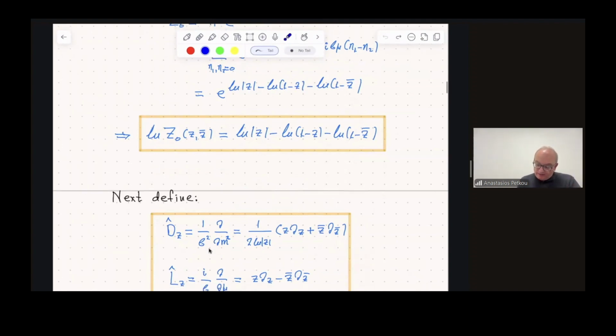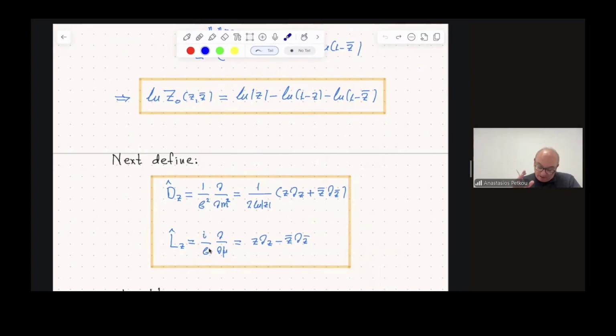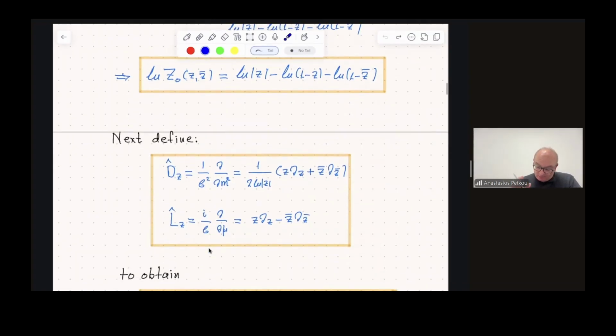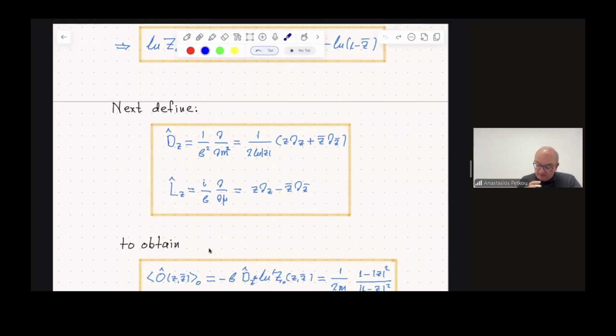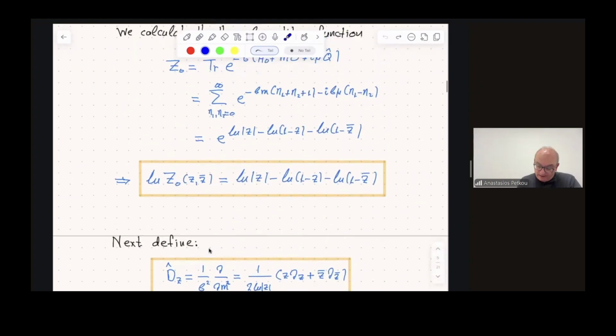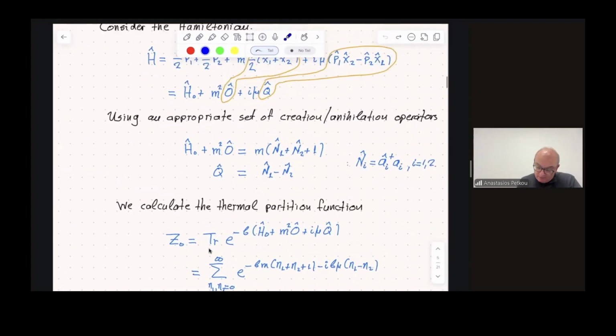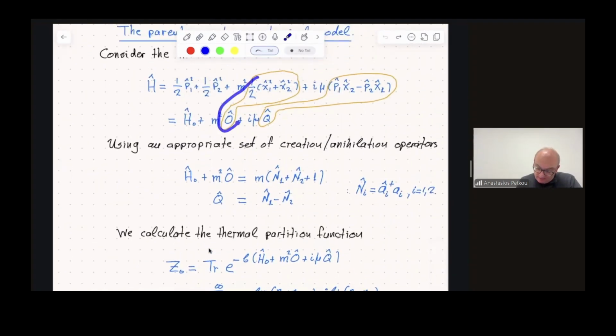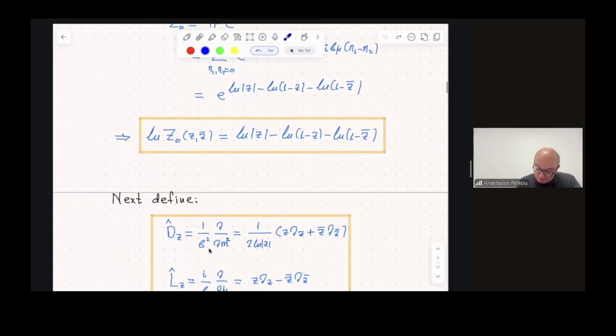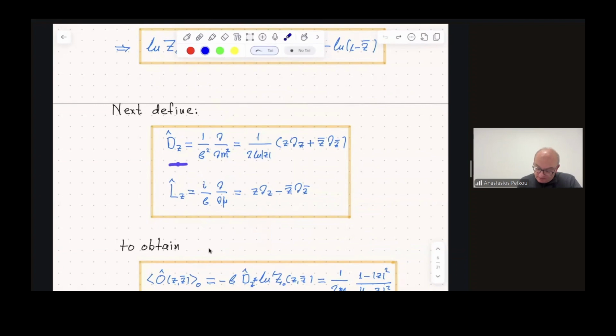All right. Now, in this Hamiltonian quantum mechanical system, we can actually play and we can define things easily. So, if I wanted to define the expectation value of the O operator, which is this guy here, then I would take the derivative with respect to mass square. So let me define this operator.